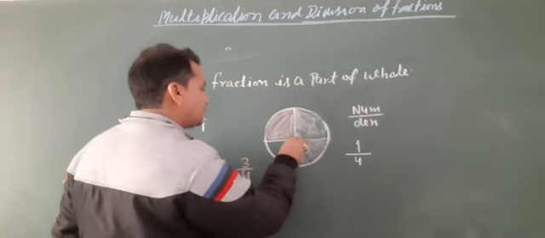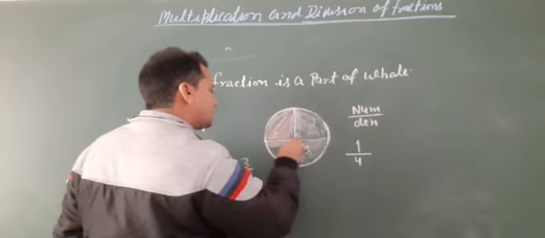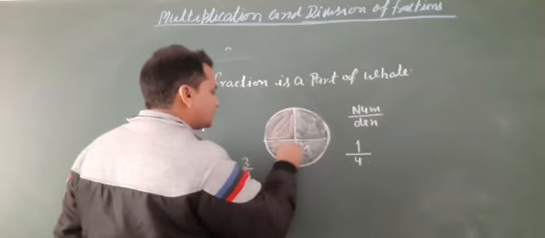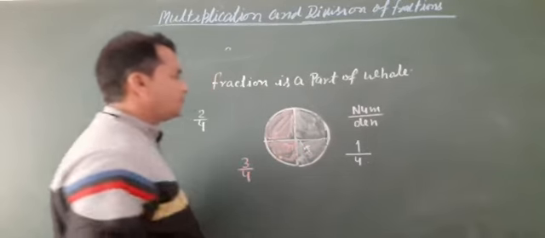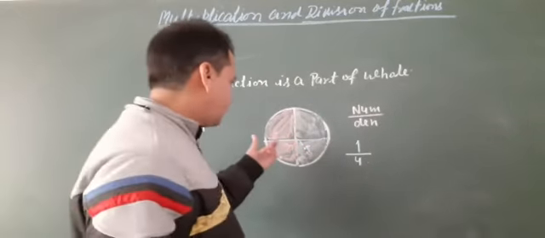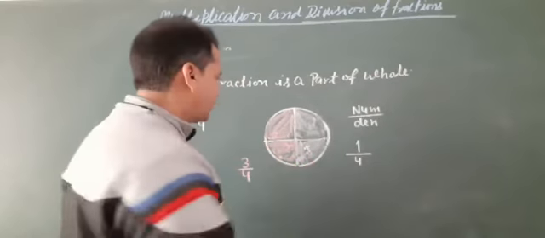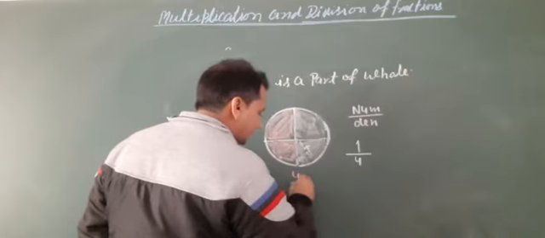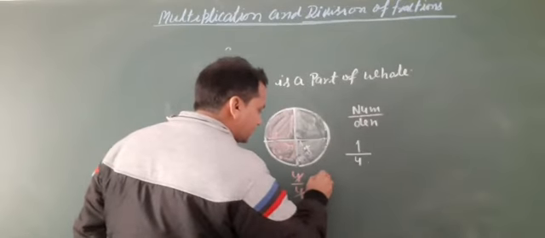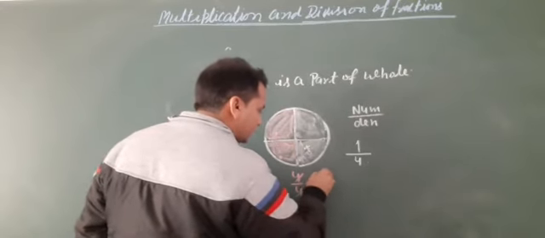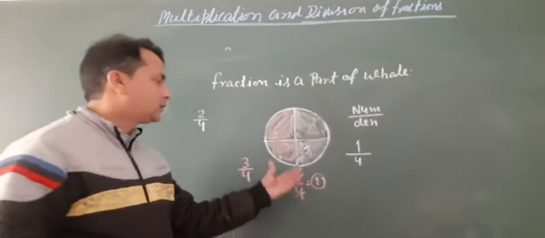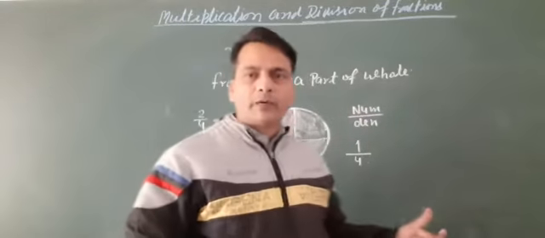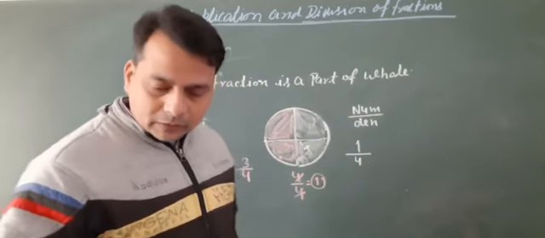And if the next part is shaded, then the fraction is 4 by 4, and this makes 1, meaning the whole part is shaded.